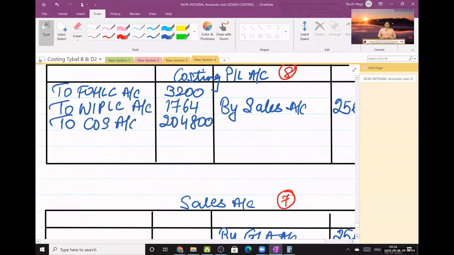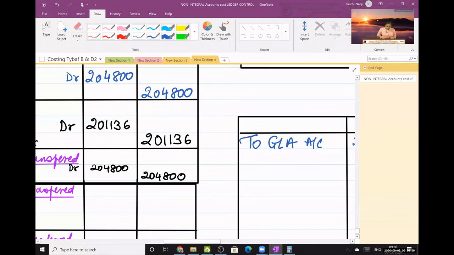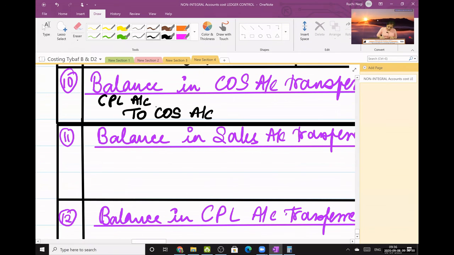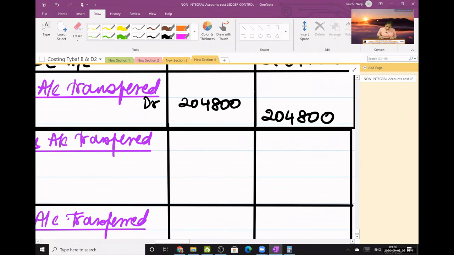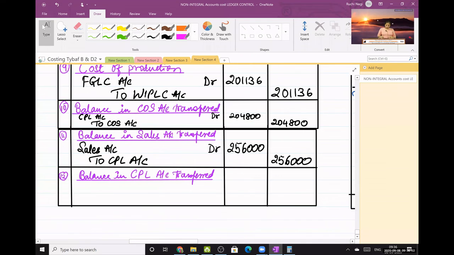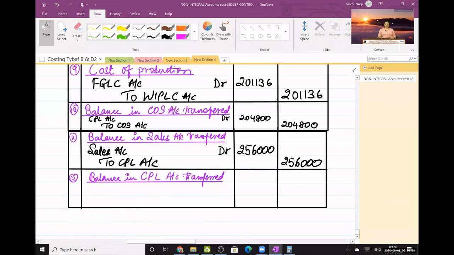That's the journal entry: sales account debit to CPL. So hidden entry, journal entry number 11.